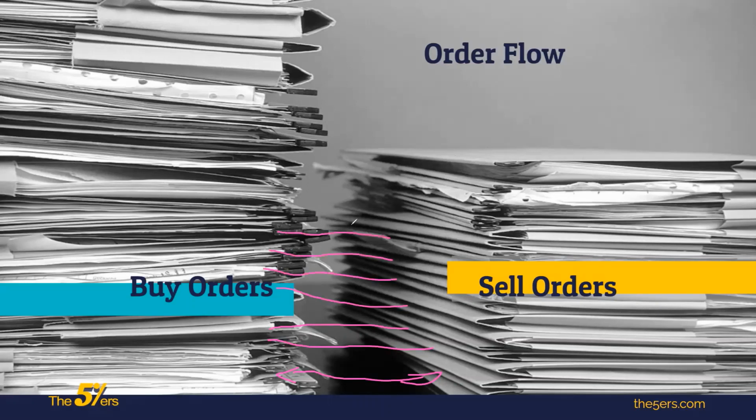Remember, every deal must have a matching buyer and seller that agree on a certain price. So we are talking about a price level, and the exchange is taking these orders piling on its desk and matching sellers to buyers and buyers to sellers, until there are no more sellers to go.